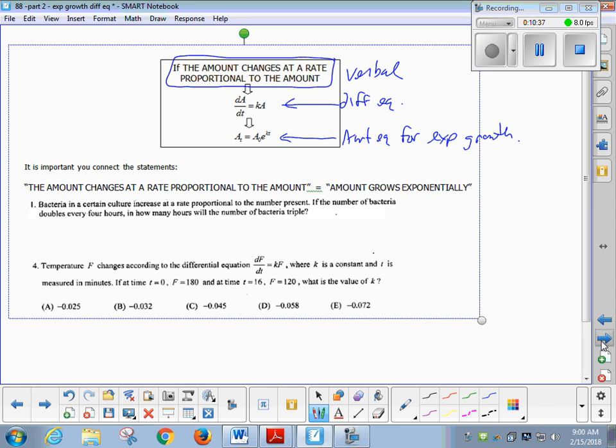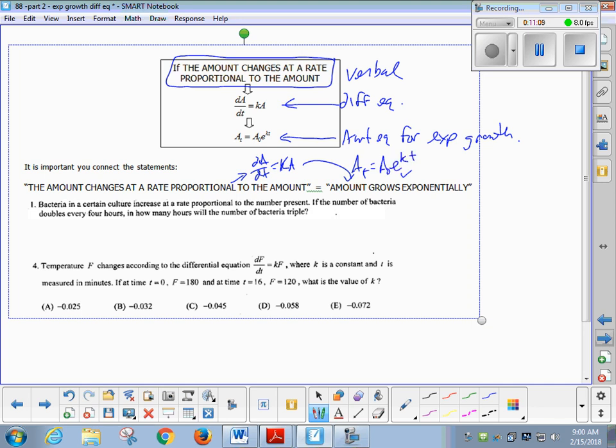Now in pre-calculus books, we would expect the problem to be worded, the amount grows exponentially. That tells us it's an exponential growth equation. In calculus, they wouldn't say the amount grows exponentially. They would say the amount changes at a rate proportional to the amount. It's for you to know that that means this, and that leads to that.